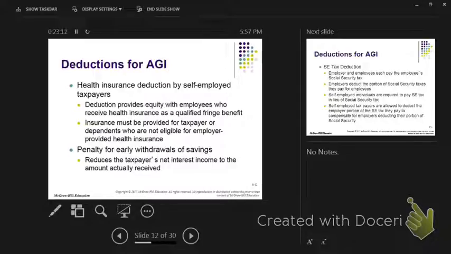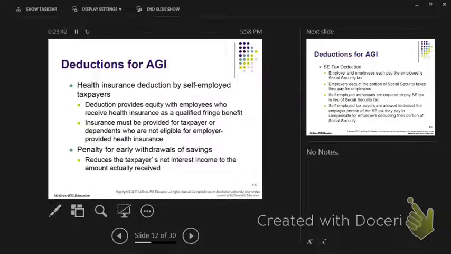If it's less than 118,500, we multiply it by 15.3% and enter that result on line 57 of the 1040. And if it's more than that, we multiply it by 2.9%. So line 4 is the number multiplied by 92.35, and then, depending on what that big number was to begin with, it's either multiplied by 15.3 or 2.9.